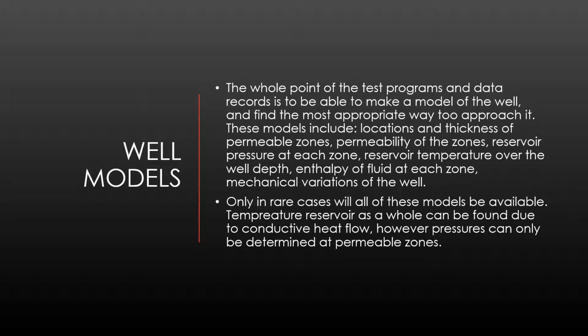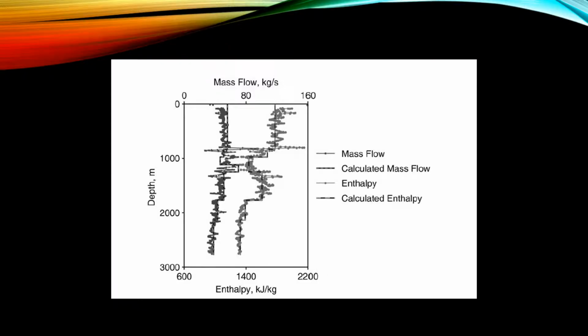Temperature of the reservoir as a whole can be found due to conductive heat flow. However, pressures can only be determined at permeable zones. Now, this is a graph that shows how different the calculated enthalpies and mass flows can look, and how the actual mass flows and enthalpies can look.